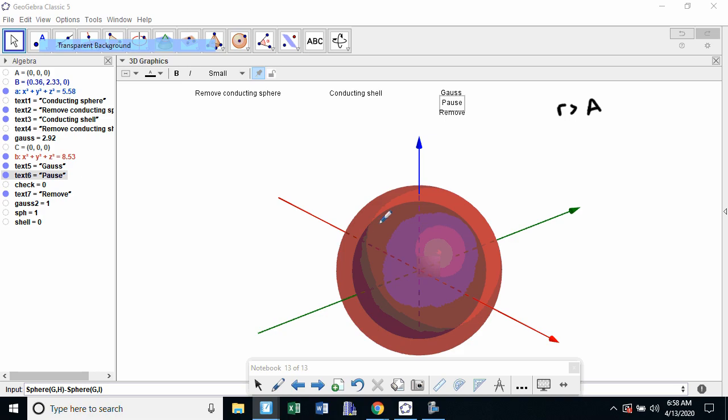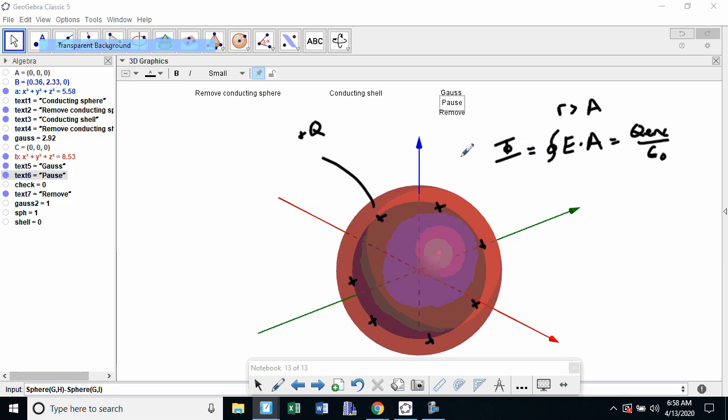We would say now, again, all these charges are accumulating on the surface, but they have a net charge of positive Q. So when r is greater than a, the surface integral of E dot A is equal to Q enclosed over epsilon naught. And again, this is for the electric flux. I've enclosed all of the charge, positive Q. So my Q enclosed is positive Q over epsilon naught.